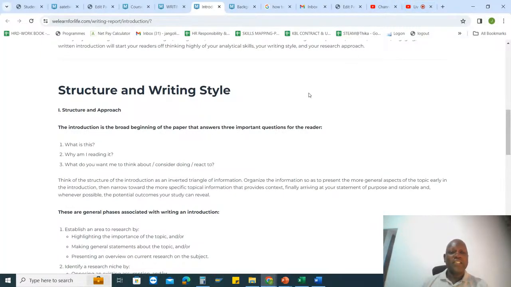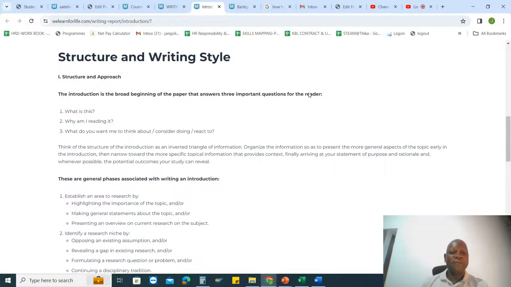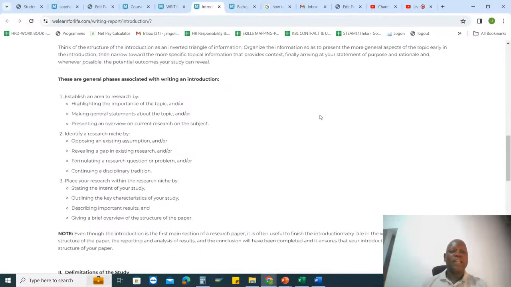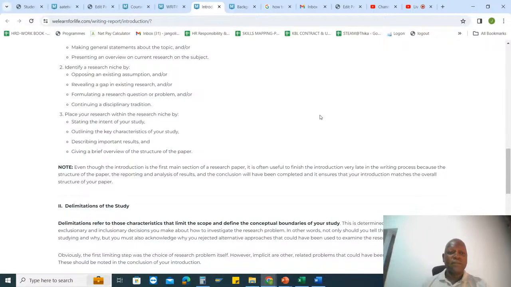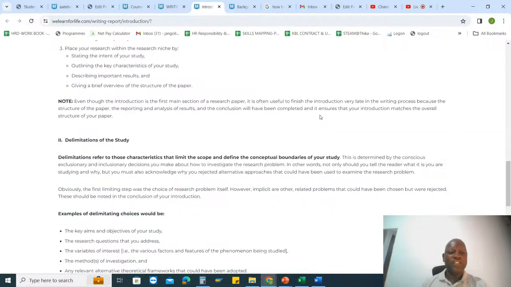The structure of an introduction helps you to begin writing. What is this? Why am I reading this? It answers those questions from the audience angle, and generally it has phases of areas to highlight, identify the niche, and place your research into a proper context and niche.